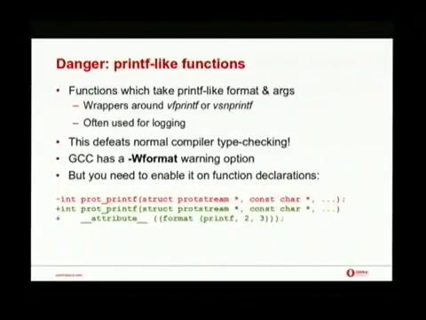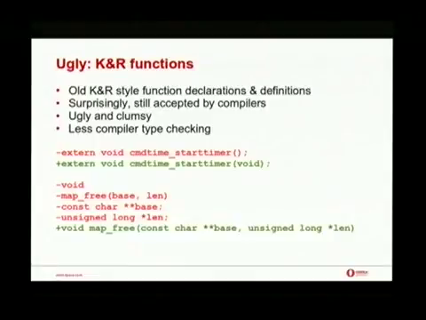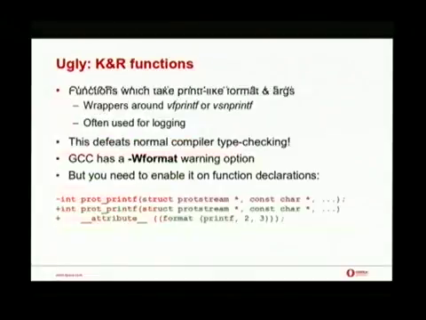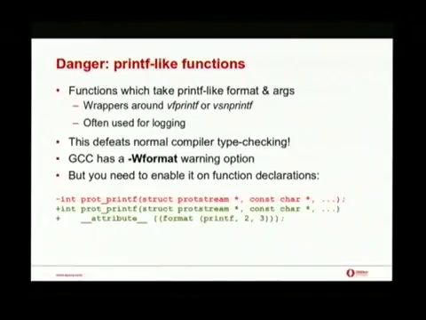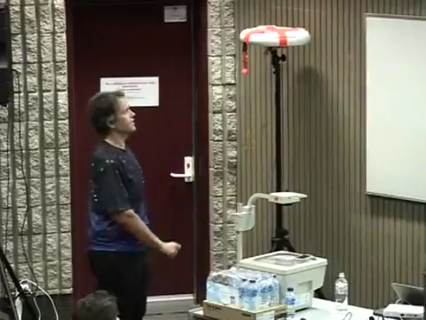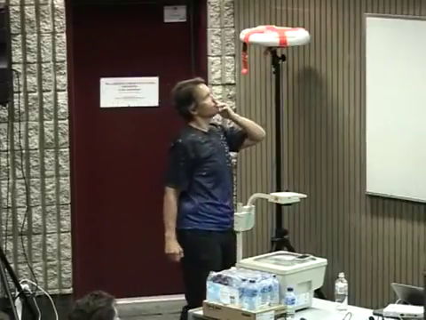Printf-like functions. GCC has this wonderful attribute format printf. Use it. It finds bugs. You can do compile time checking with it. Just the directive to GCC, it says it's a printf-like.